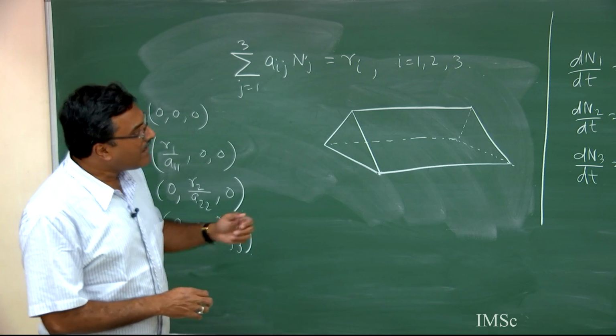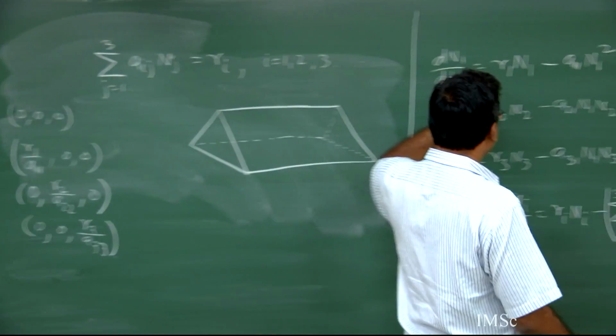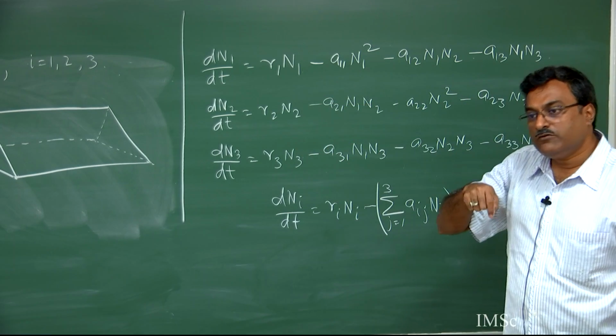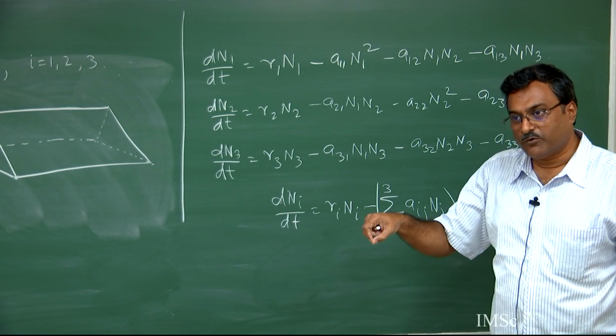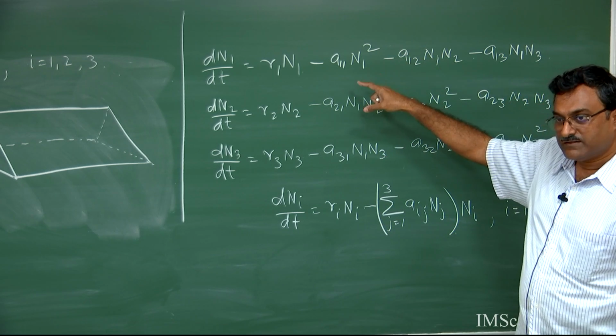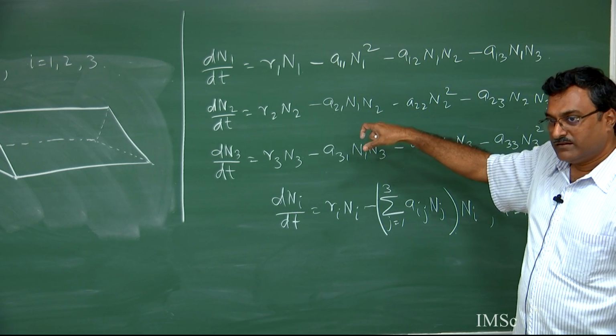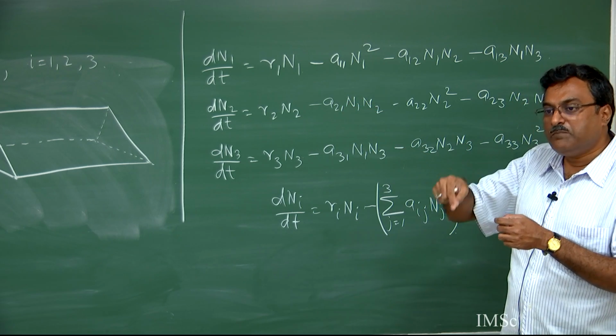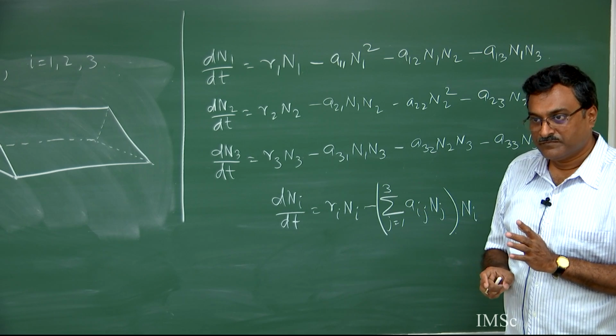Depending upon the magnitudes of R1, R2, R3 and other coefficients, you can find the stability of those equilibrium points, and also depending upon the strength of the competition, it may happen that, suppose, an equilibrium of the form alpha beta 0 is stable, right?